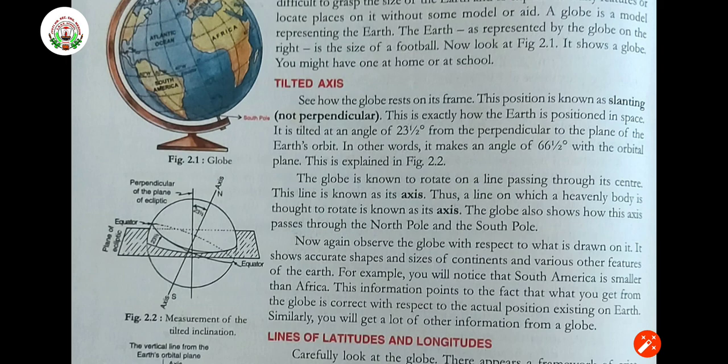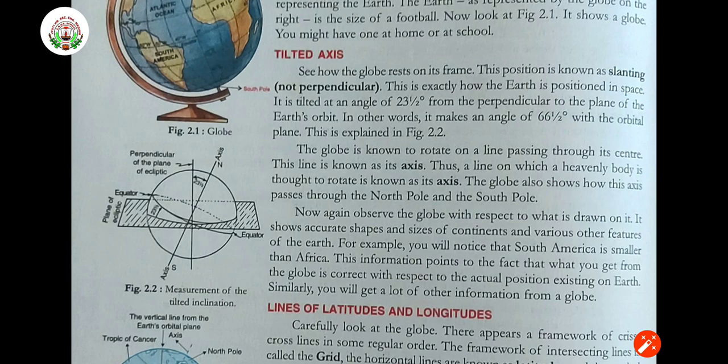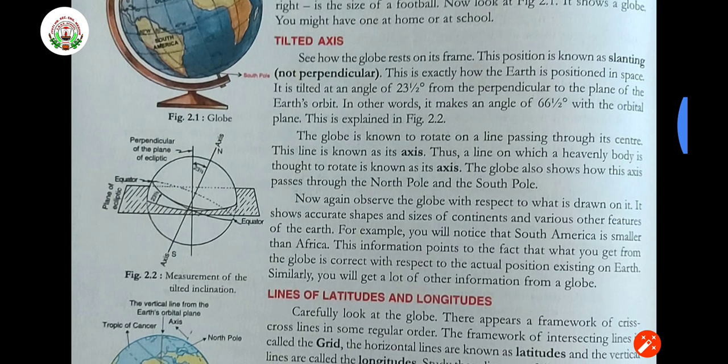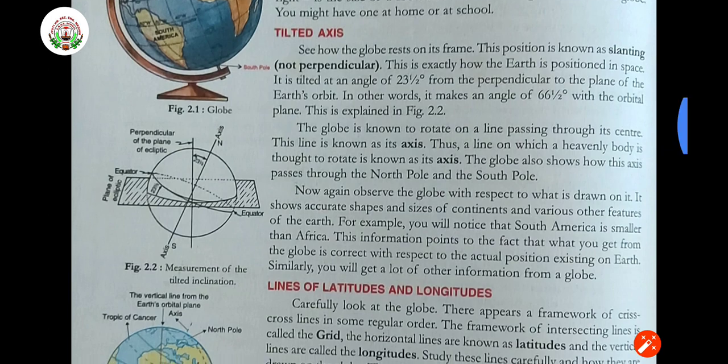The globe is known to rotate on a line passing through its center. That is an imaginary line. Really it does not have any line, but for finding out we just think of an imaginary line. This line is known as its axis, on which it rotates. Thus a line on which a heavenly body is thought to rotate is known as its axis.